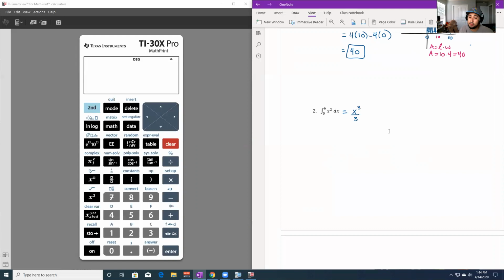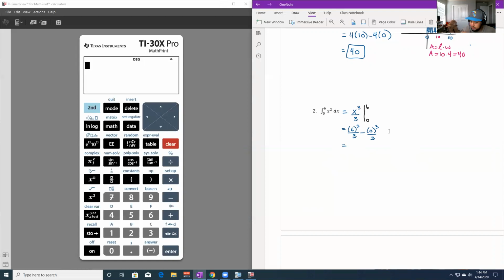And we want to evaluate from 0 to 6, which means that I will get 6 cubed over 3 minus 0 cubed over 3.